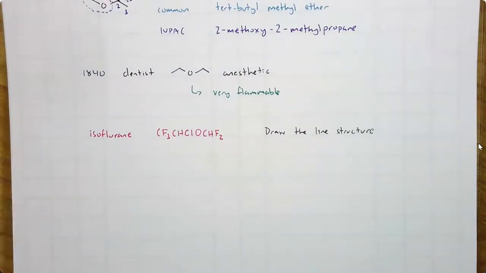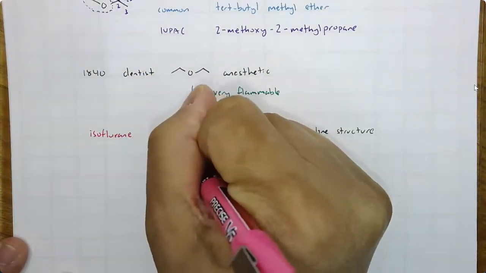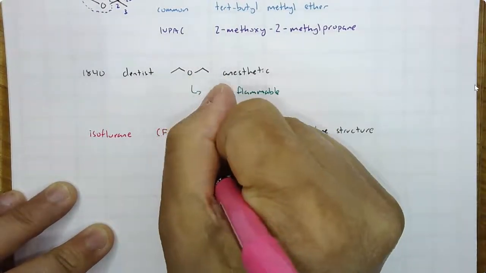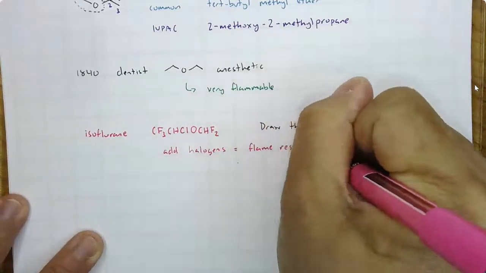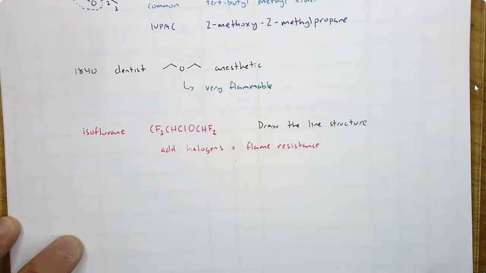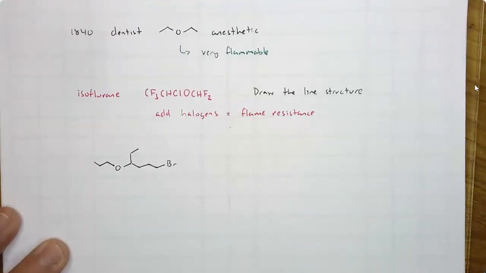Okay. Let's do one more. Actually, I do want to list this. You add halogens. Okay. One more naming, at least for the simple ethers. Let's try this. Which side will be the parent?